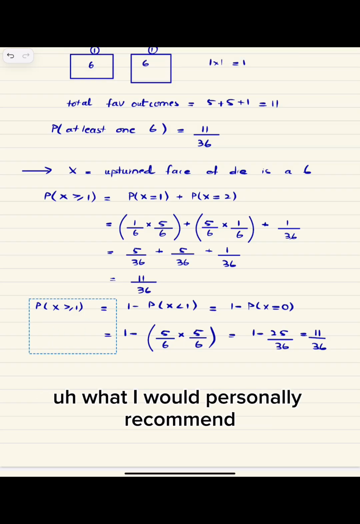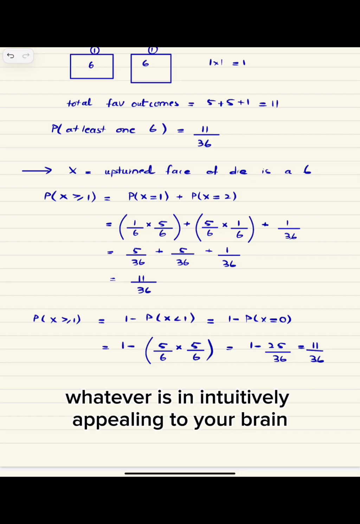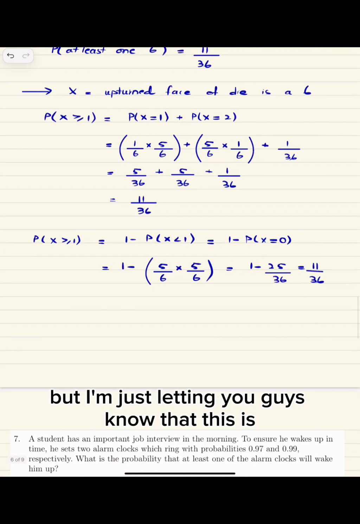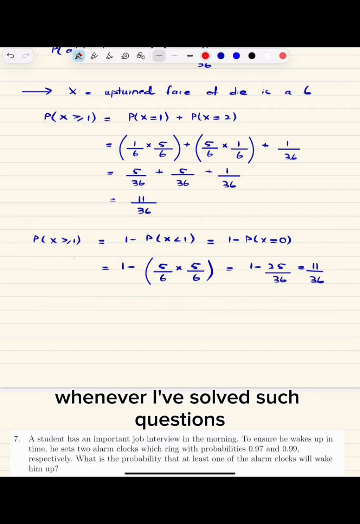What I would personally recommend is, obviously you do your own thing. You pick the method that is intuitively appealing to your brain. But I'm just letting you know that this is the method that I have used whenever I've solved such questions.